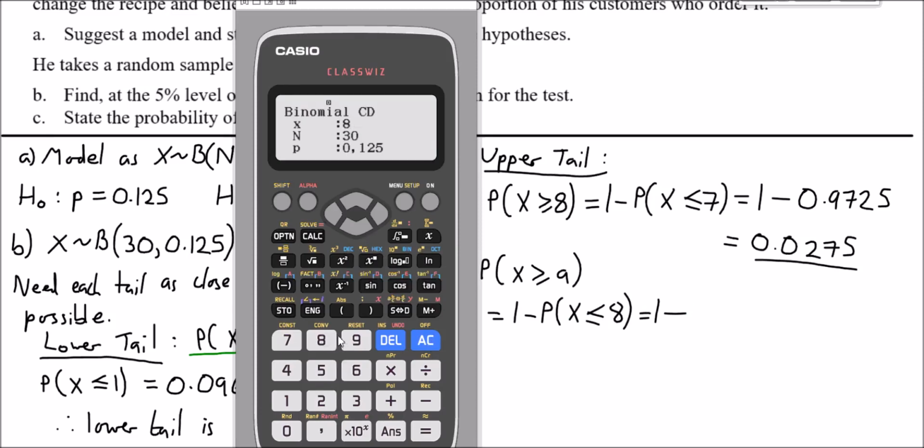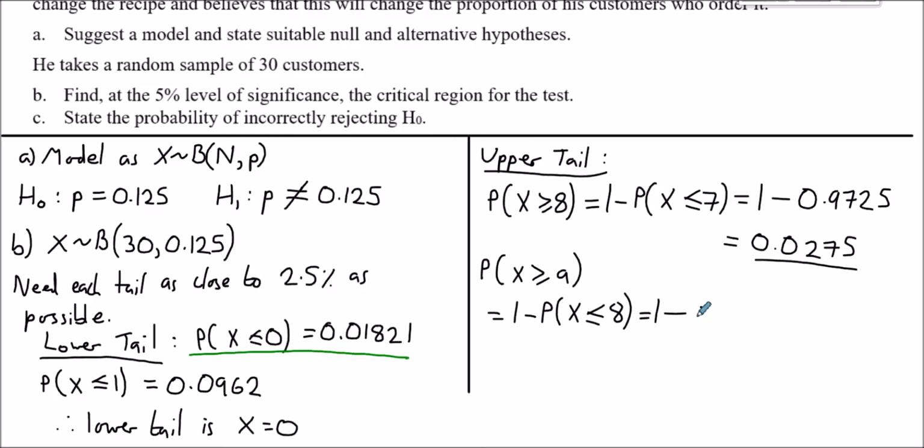The chance of the statistic taking a value of up to and including 8 is 0.9909, and so rounded off that would be 0.9910. So 1 minus 0.9910 gives us 0.0090.